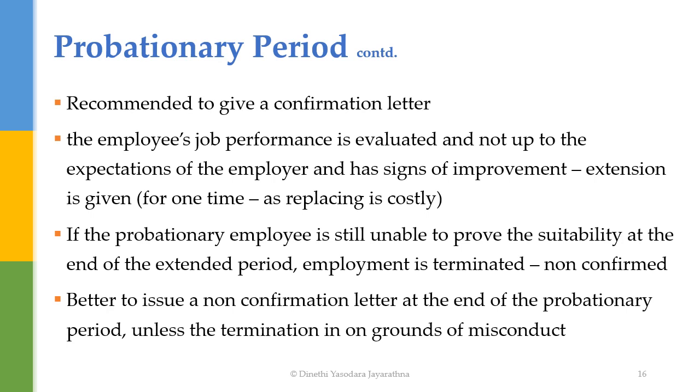Under that ground, for one time, an extension is given, because replacing is costly. If we keep him a bit longer in the probationary period and ask him to perform, we can improve his performance. Having him is more advantageous to us than replacing him. On that ground, the company can give a one-time extension.